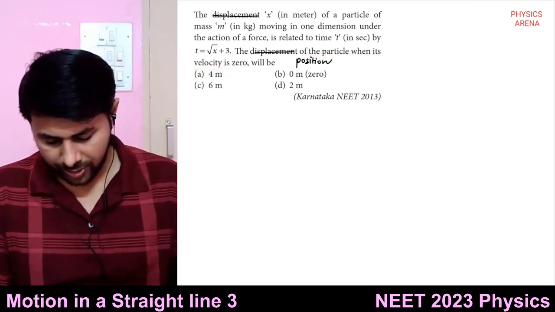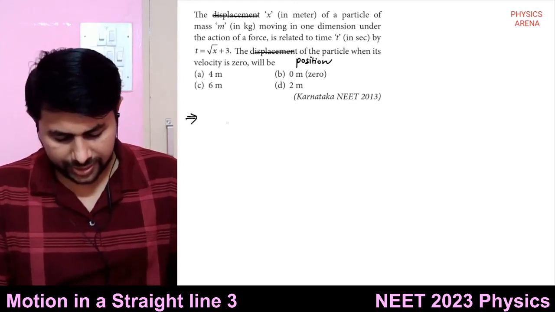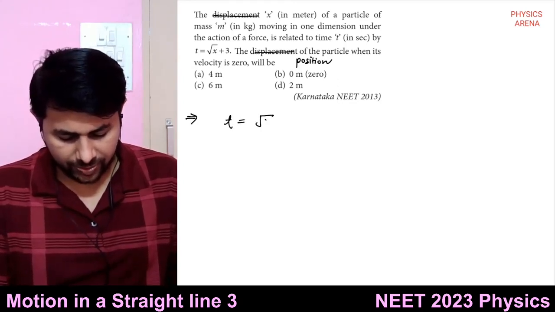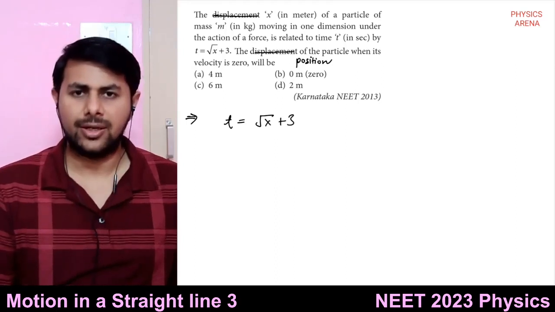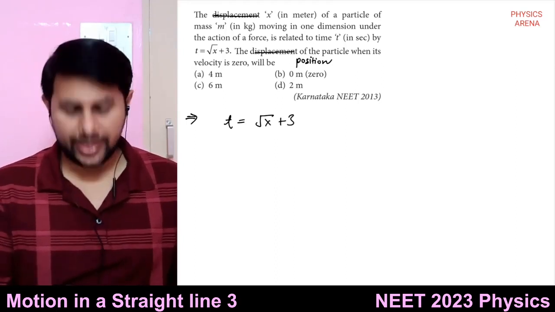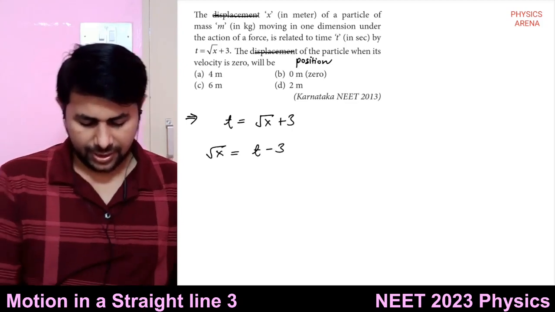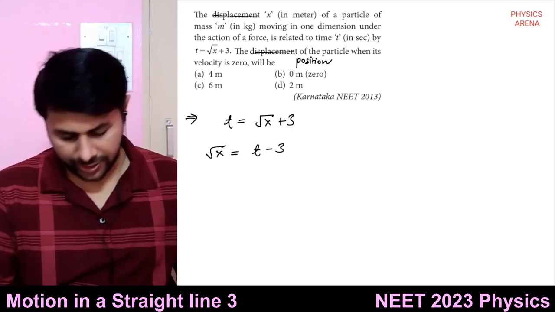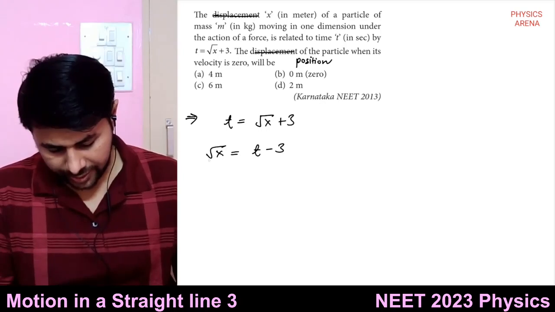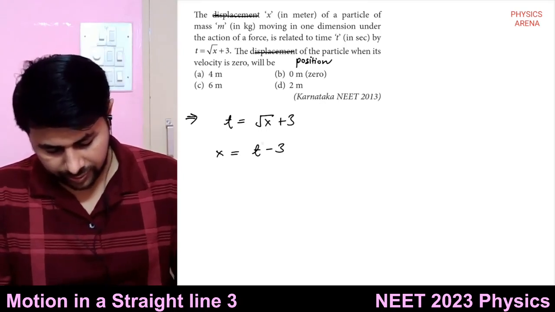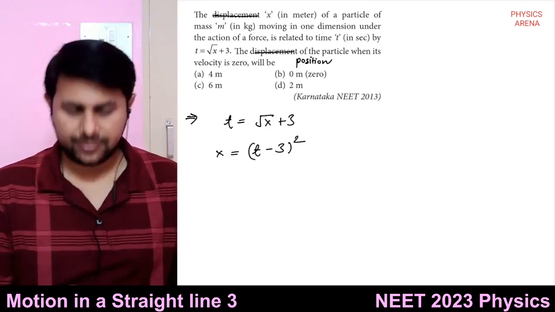Okay, so first of all we have to convert this relation. So t is equal to square root of x plus 3 can be written as square root of x is equal to t minus 3, and then we can take square on both sides. So we get x is equal to square of t minus 3.